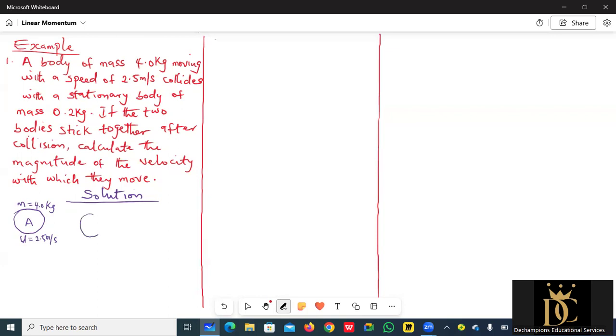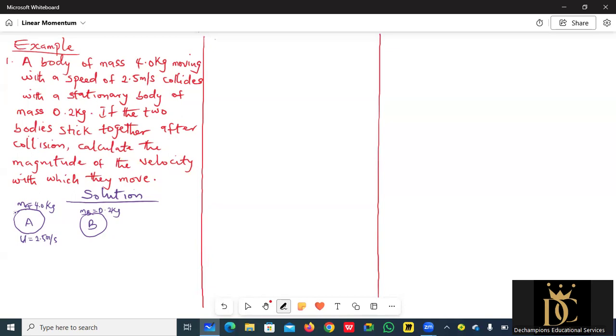This object B, let's say the second stone B, is the stationary object that is not moving, but we know the mass. The mass of this object B, let's call it MB, is 0.2. Let's call this one MA.